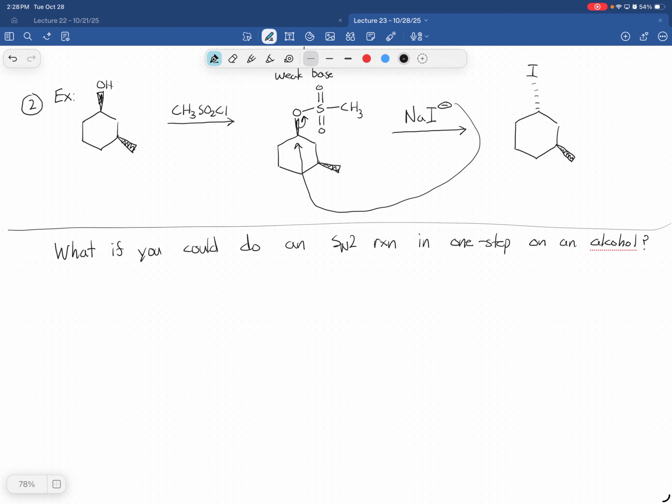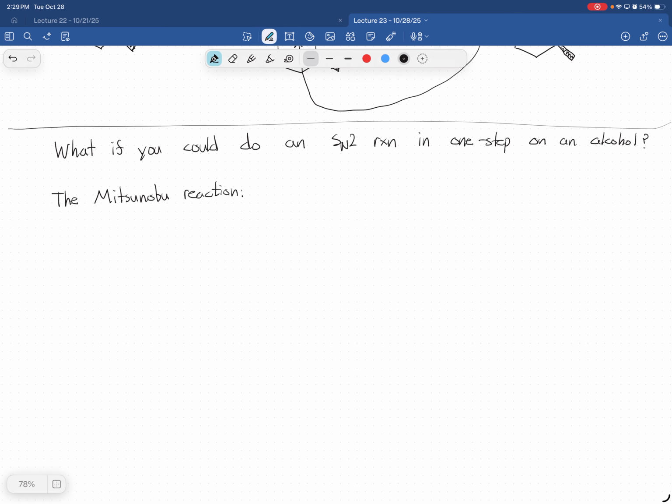And this is not using any alkyl halides, or any halide ions. So this is called the Mitsunobu reaction. I just want to introduce you to this reaction. You do not have to reproduce this mechanism, and that's because it's quite complicated.